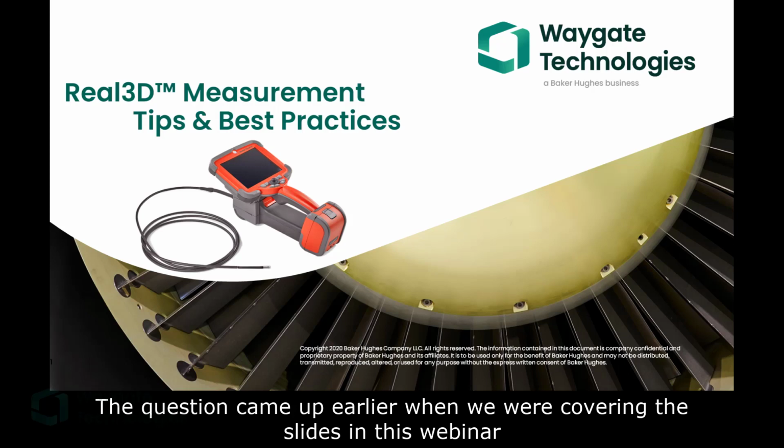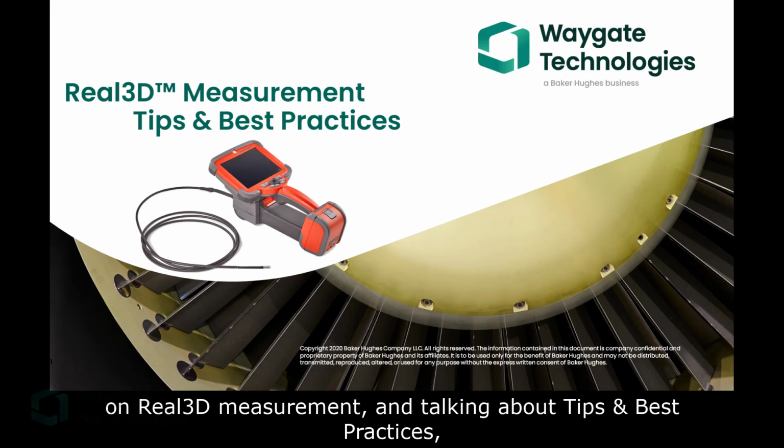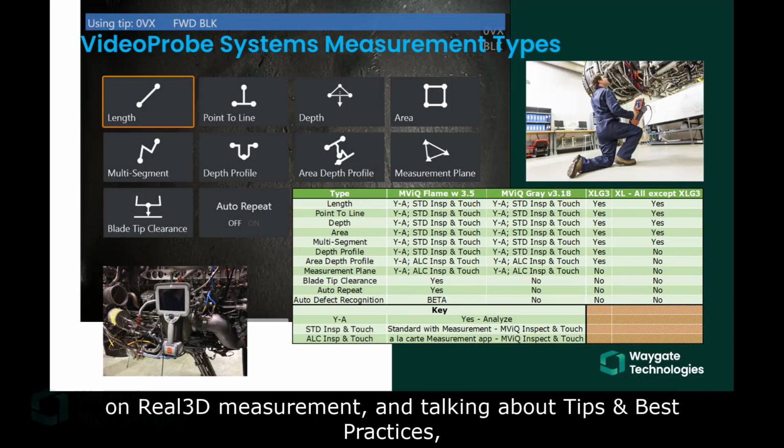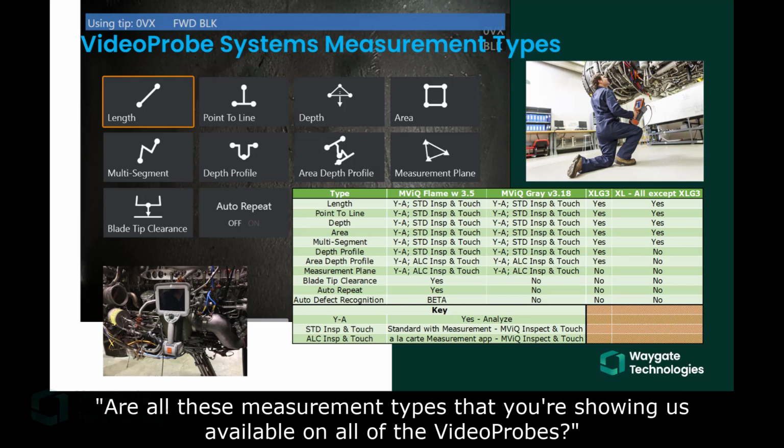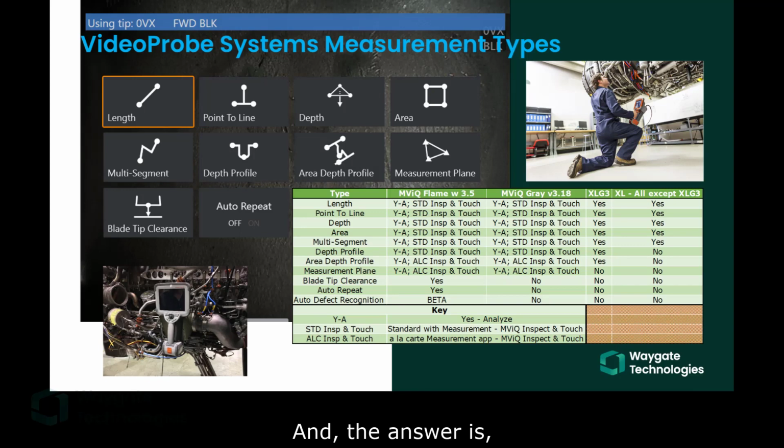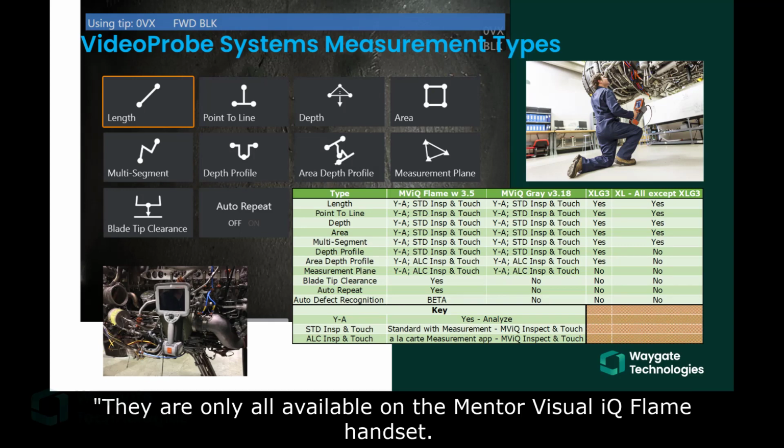The question came up earlier when we were covering the slides in this webinar on Real3D measurement tips and best practices: are all of these measurement types that you're showing us available on all of the video probes? The answer is they are only all available on the Mentor Visual IQ Flame handset.